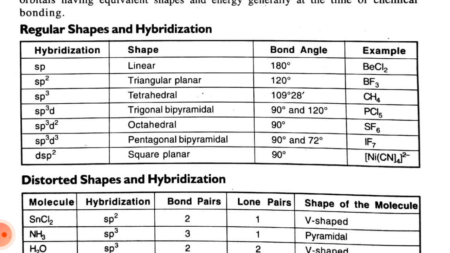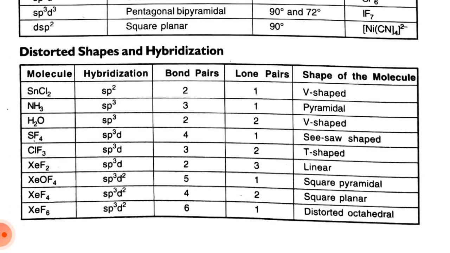Hybridization sp3d3, shape is pentagonal bipyramidal, bond angle is 90 degrees and 72 degrees. Example is iodine heptafluoride. dsp2 hybridization, shape is square planar, bond angle is 90 degrees. Example is nickel tetracyanide 2-minus ion complex.